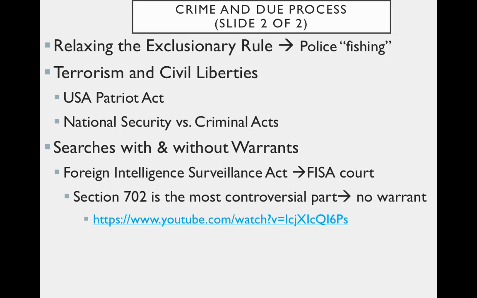So this is where, let's say, the United States government is looking for a terrorist. Now, none of your amendments apply to you if you're not an American citizen, and it's questionable whether or not they apply if you're overseas. But the federal government was collecting mass data, meaning all the phone calls that a terrorist would receive, and they would record all of those phone conversations.